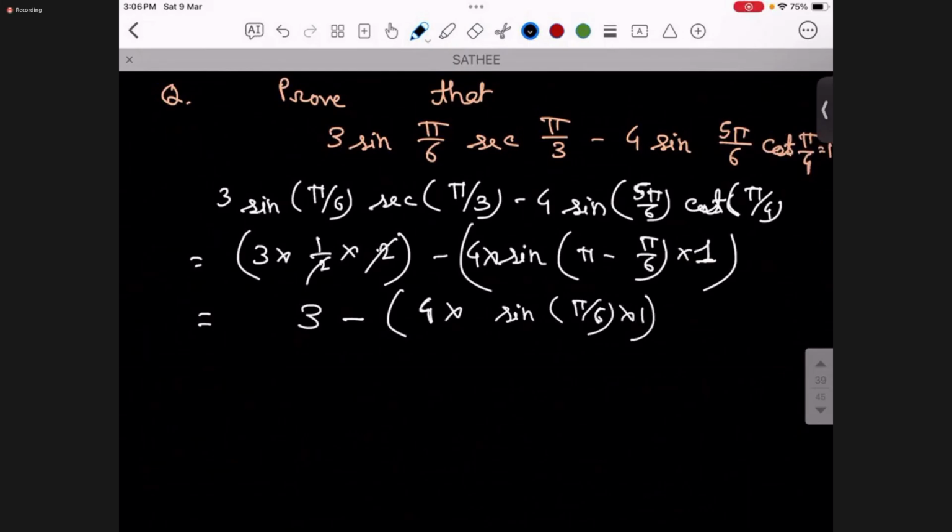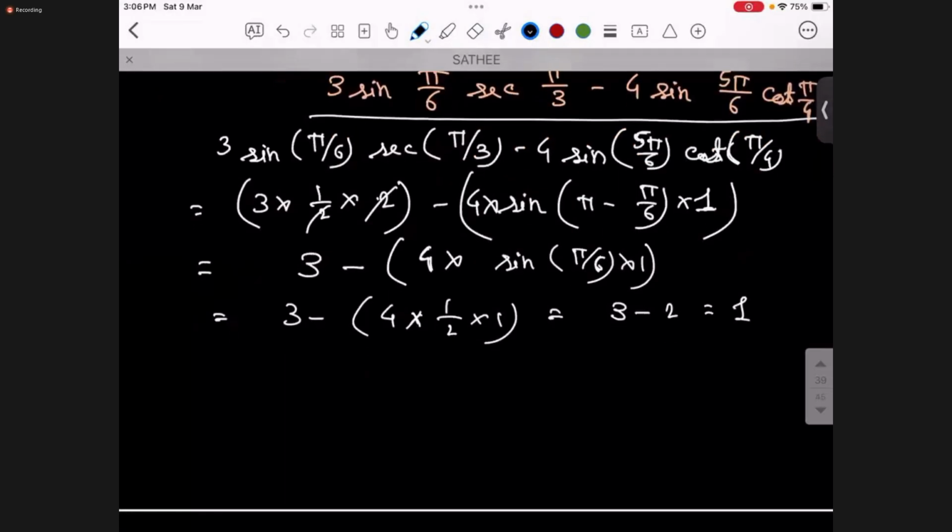Now what is the value of sin(π/6)? It is 1/2. So 4 into half into 1 gives us 3 minus 2, which gives us 1. Thus, just by knowing the value of some particular trigonometric functions at particular points, we have reduced the expression to 1. So we have proved this statement.